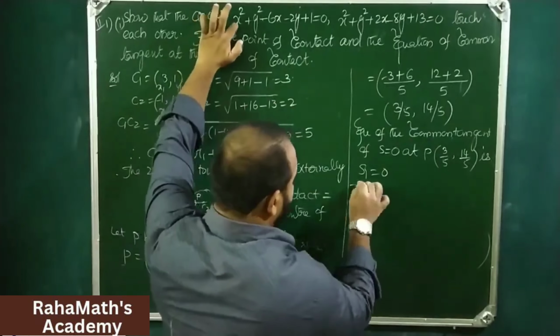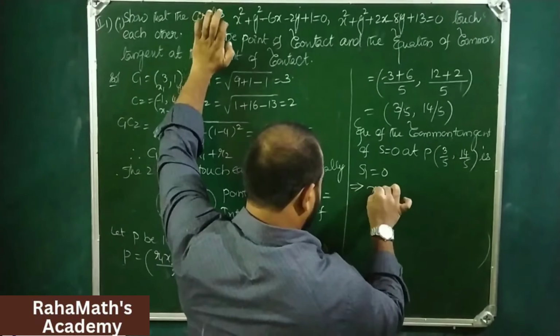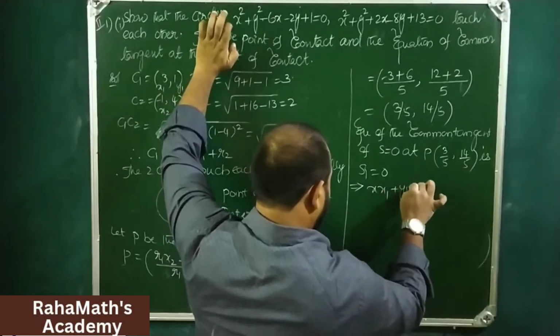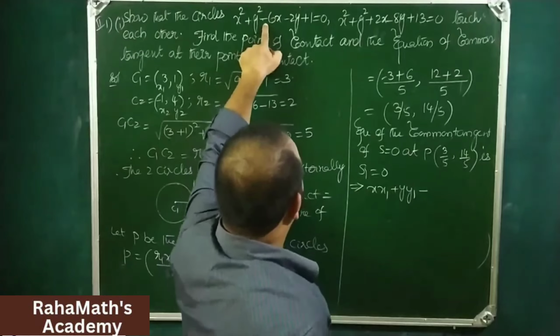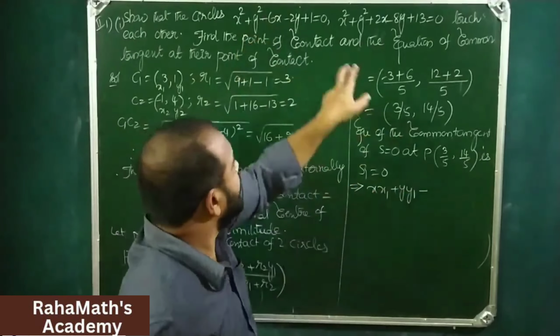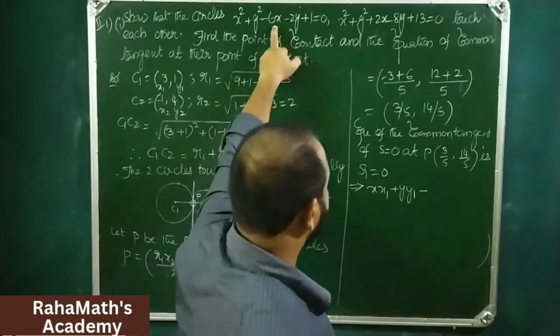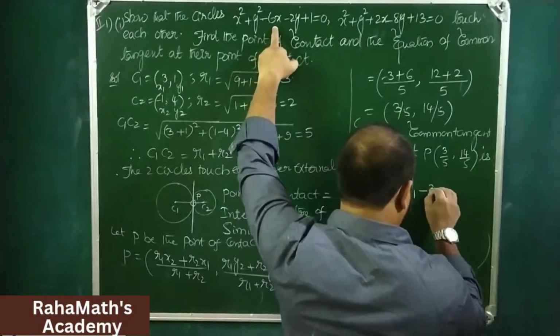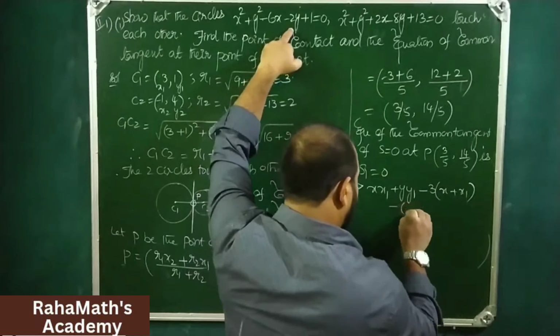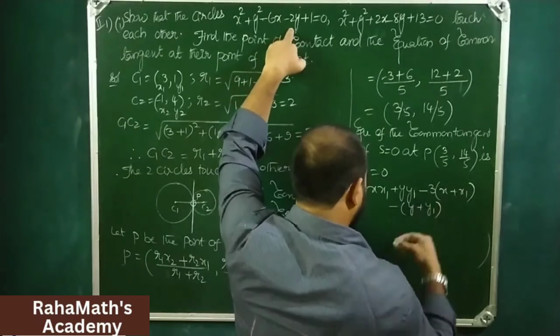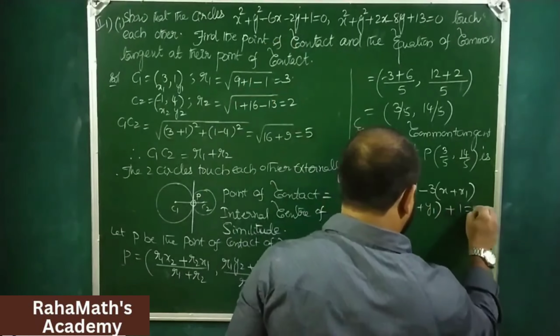So what is S1 equals 0 for this? x x1 plus y y1 minus, the sign is same, half of the coefficient of x, that is 6 by 2, that is 3, into (x plus x1) minus (y plus y1) plus 1 equals 0.